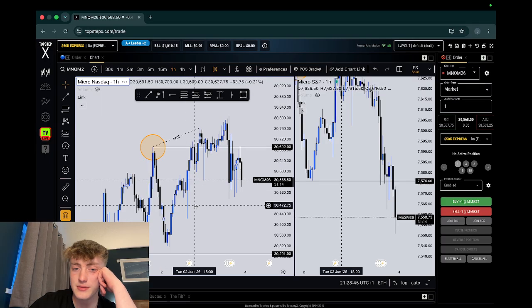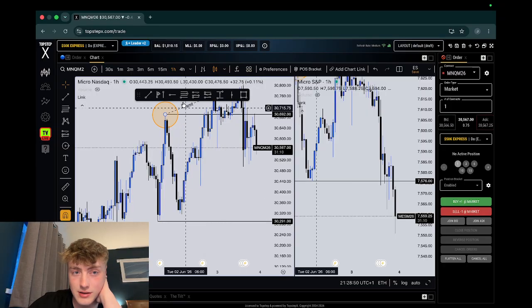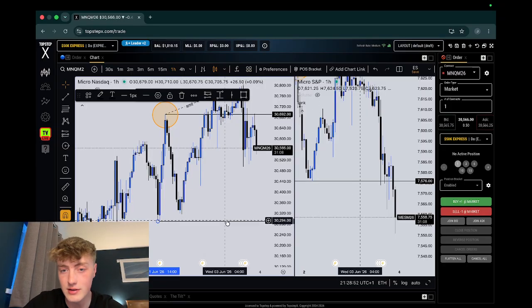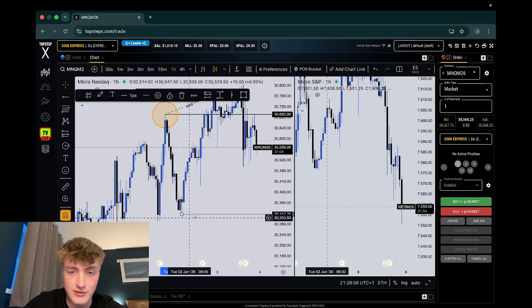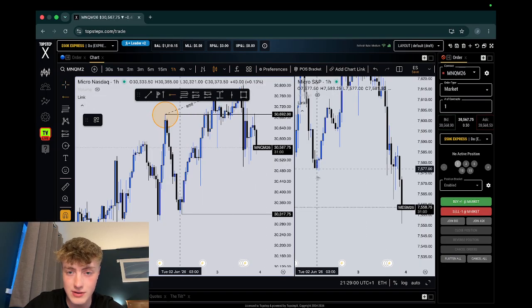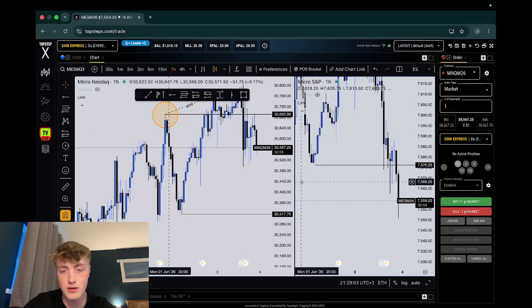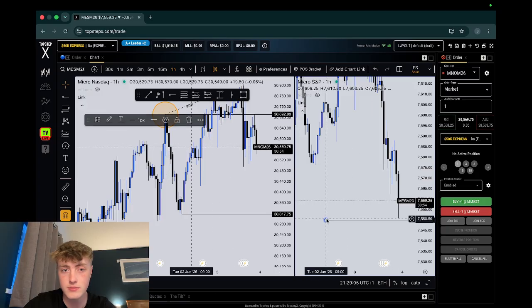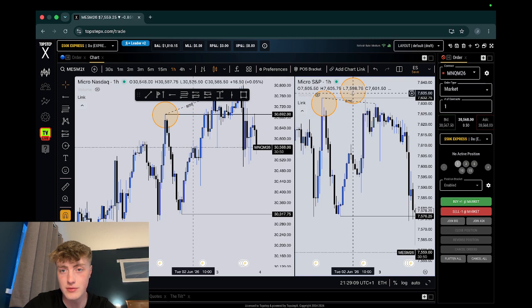So, yeah. But also, now, as you can see, down here, let's get rid of these lines, not to be confusing. You've got this low. And then what have you got on ES? Mark out the same low. Grab this circle quick.